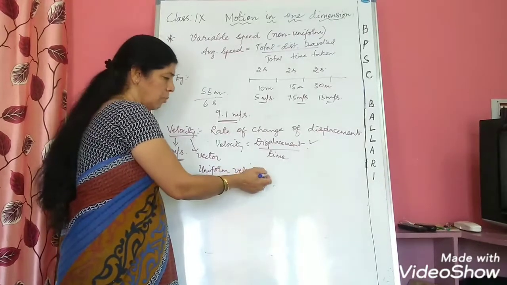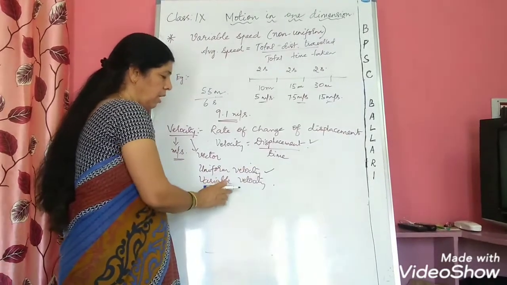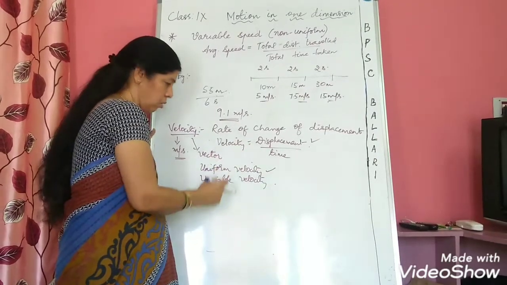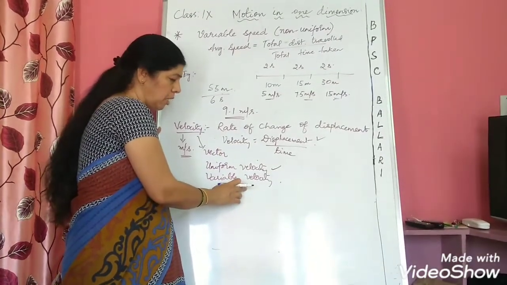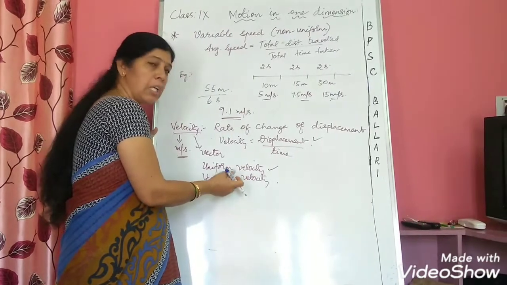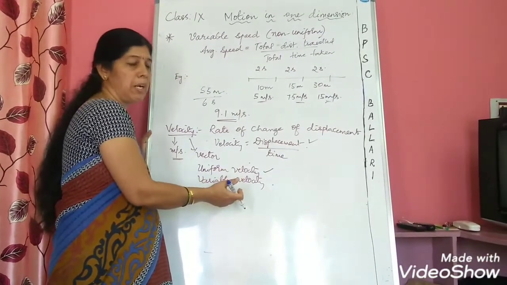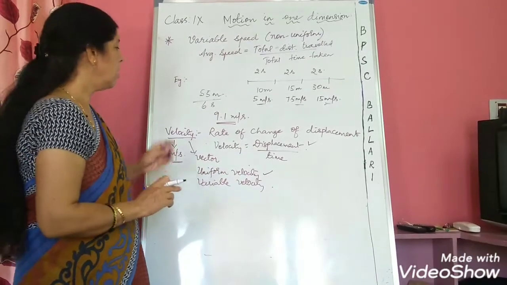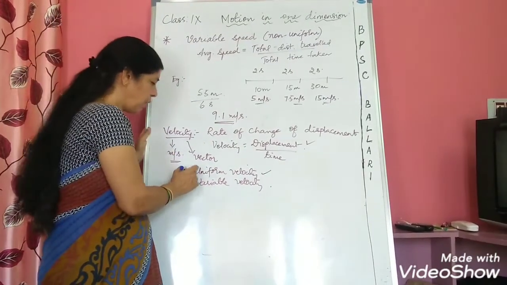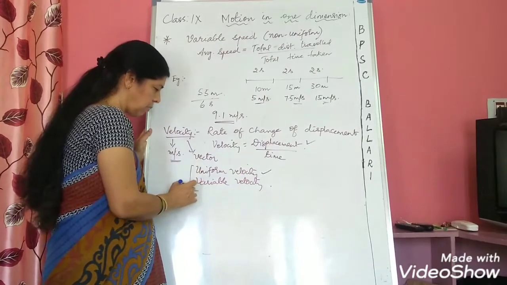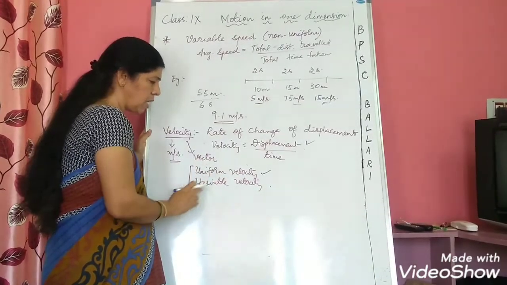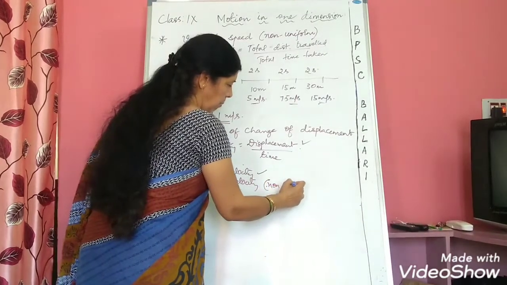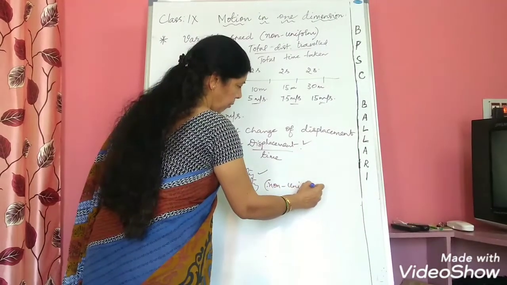Then the velocity is said to be uniform. If the displacement, or you can say distance, covered by the body is different in equal intervals of time in a particular direction, then the velocity becomes variable. So which are the two types of velocity? Uniform velocity and variable velocity, or non-uniform velocity.